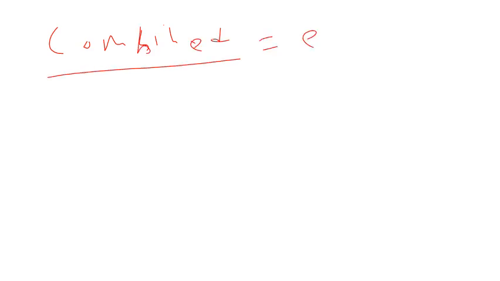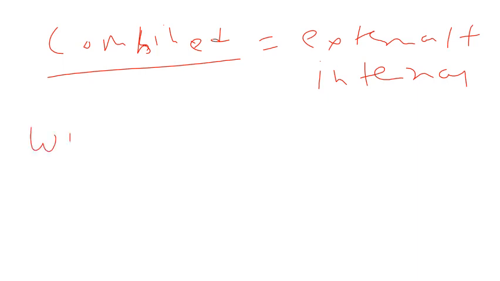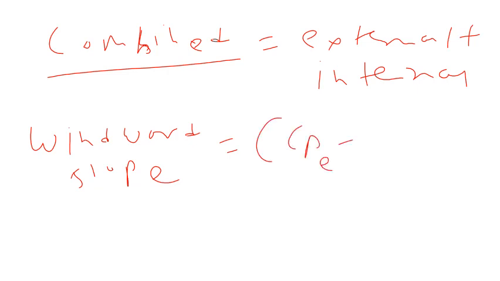So this is external plus internal, or considering both. So this will be equal to, first consider the windward slope, CPE minus CPI into PD, right?